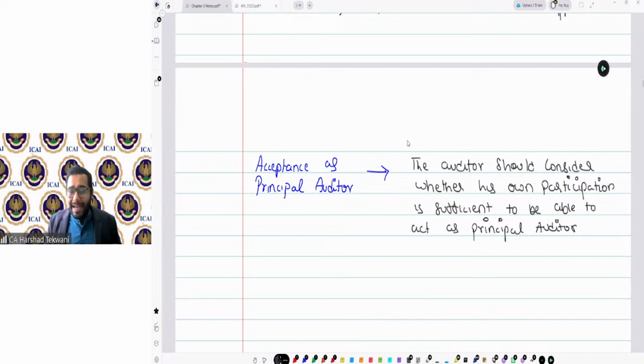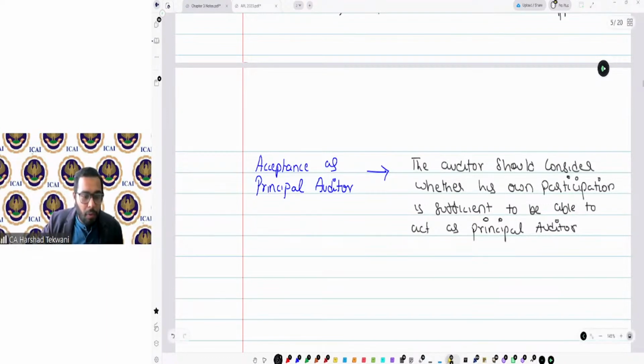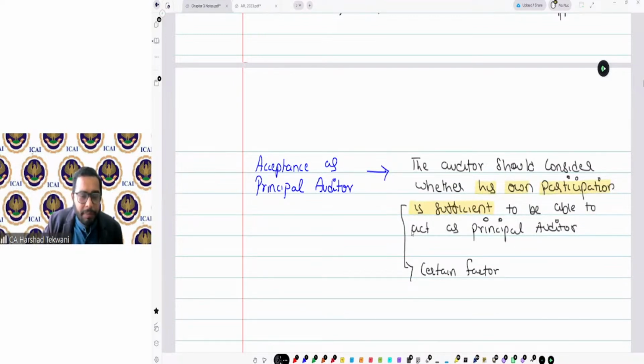Now, how will we identify whether his own participation is sufficient? How will I come to know that? So I can see certain factors. For this, certain factors can be considered.